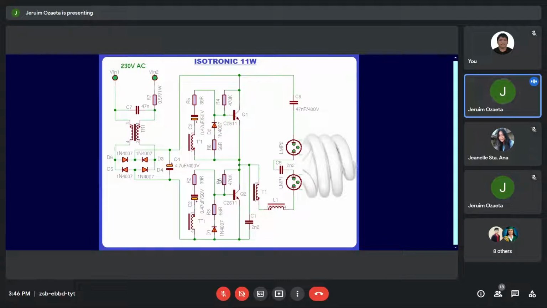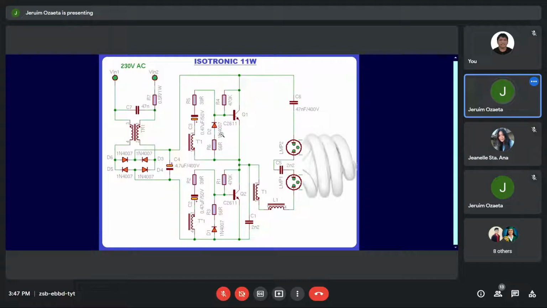Okay? Kasi it is under the influence of the input bias at the Q2 and Q1 is being influenced by the RL circuit at the input of the base. Ayan o. Ano mangyari? Nagkakaroon ng oscillation.